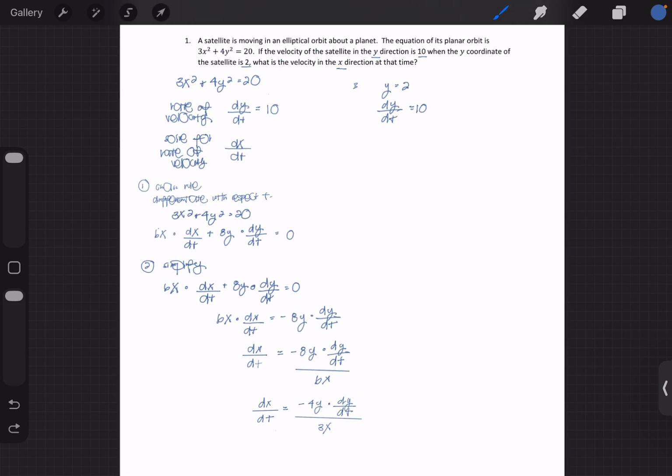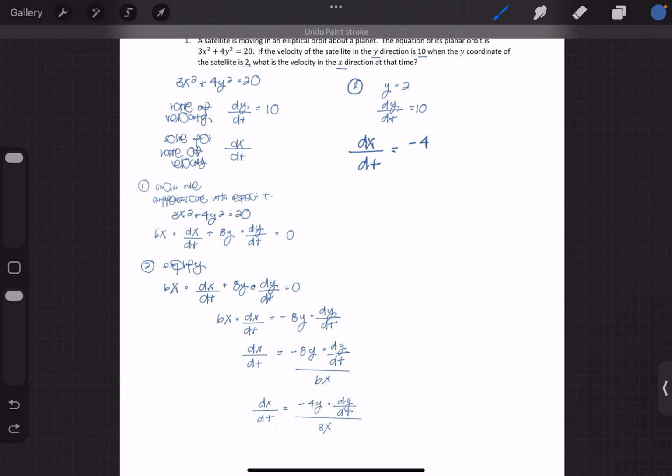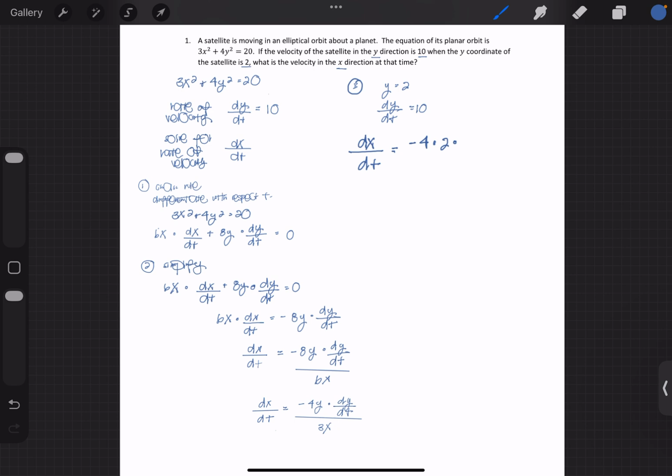So the derivative of x with respect to t is equal to negative 4 times y, which in this case is 2, multiplied by the derivative of y with respect to t, which we know is 10.